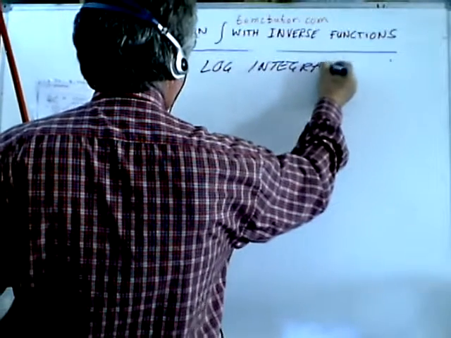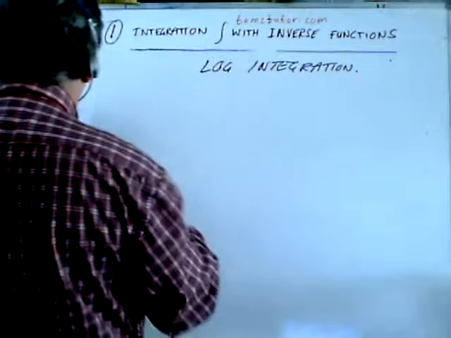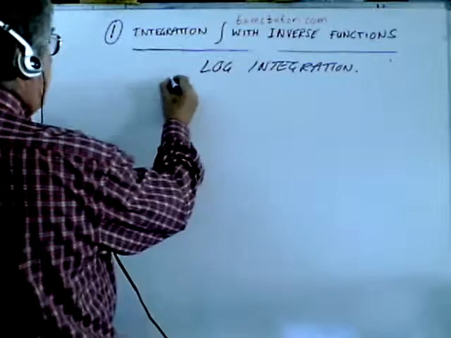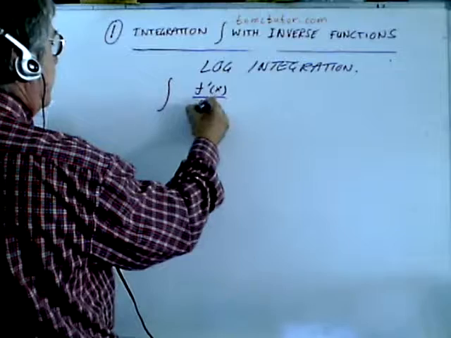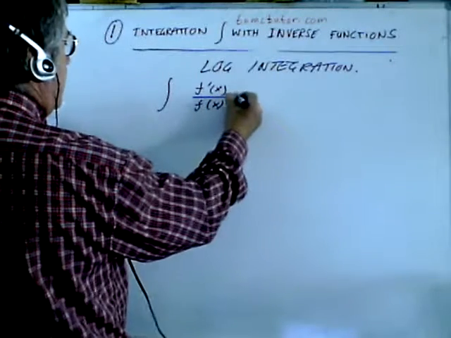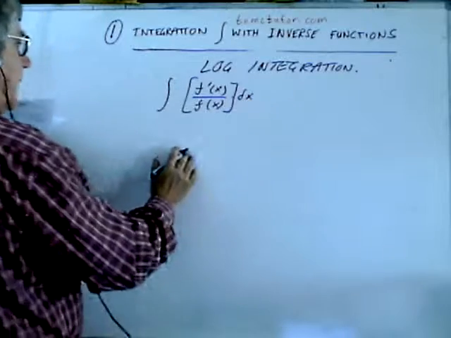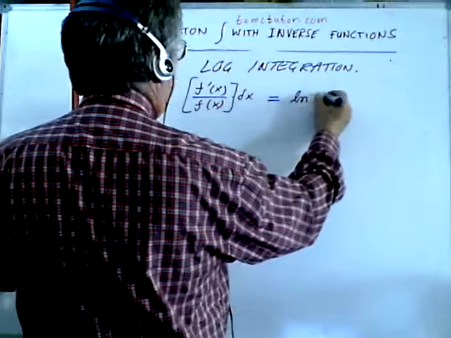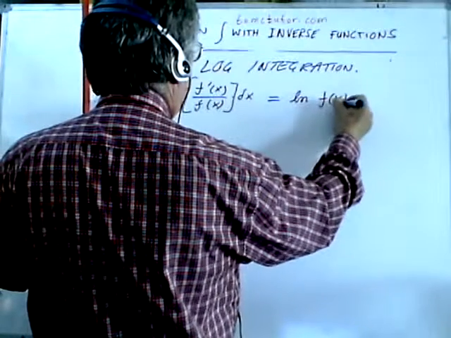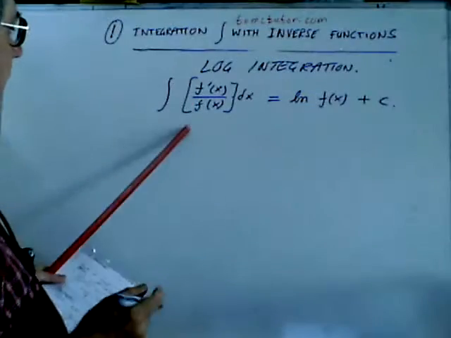Very important, by the way, it comes up a lot in questions, put it that way. If we have a function that can be split into 2 parts, and it can be represented that way, then that is equal to log n of f of x, plus of course the constant.